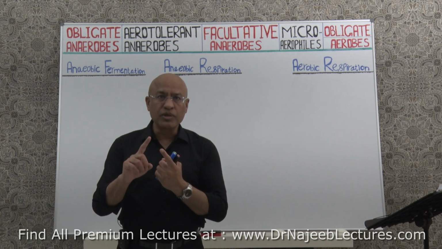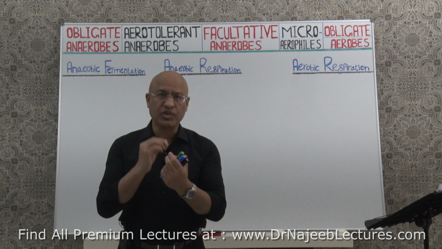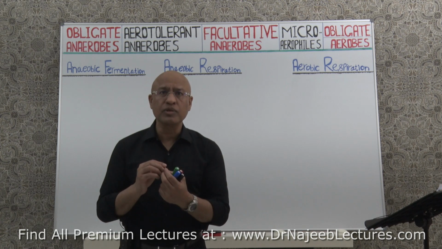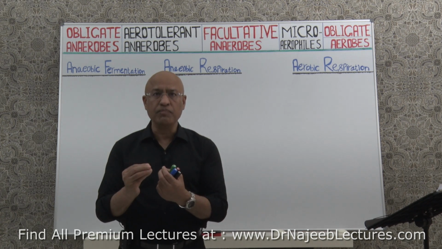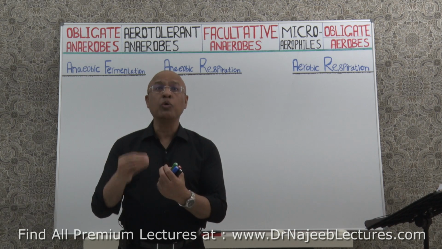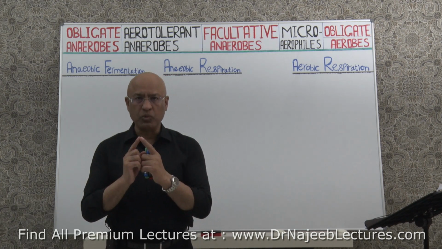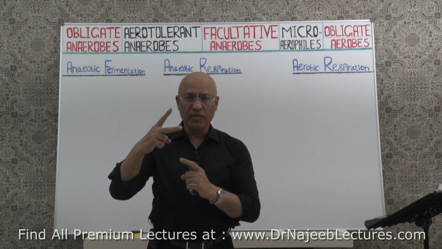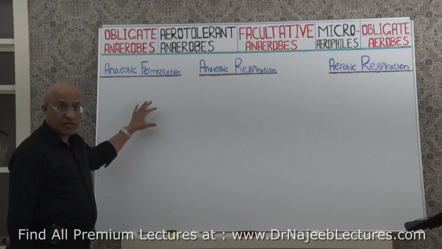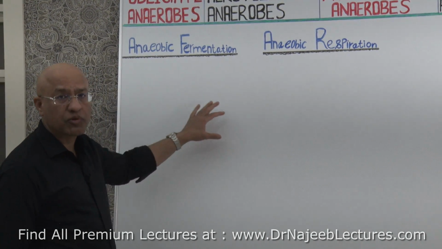Because reactive oxygen species are produced in any biological system which comes in touch with oxygen, to survive and multiply in an oxygenated environment, the biological system must know how to deal with reactive oxygen species, how to detoxify them. So this whole lecture will revolve around two basic concepts: first, energy metabolism and the role of oxygen in bacteria, and secondly, what types of defenses bacteria have against reactive oxygen species.